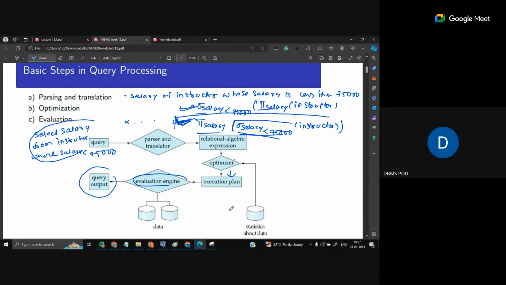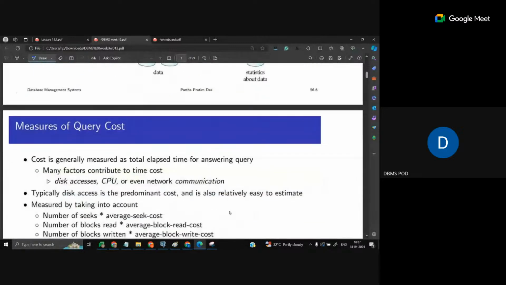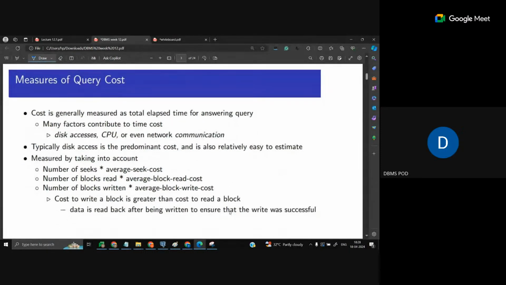Now how does it choose which one will be the most optimized? That comes from measuring the query cost. There are many factors, like disk access time, CPU time, and network communication, which are measured.